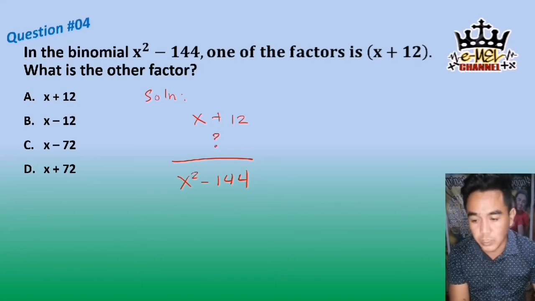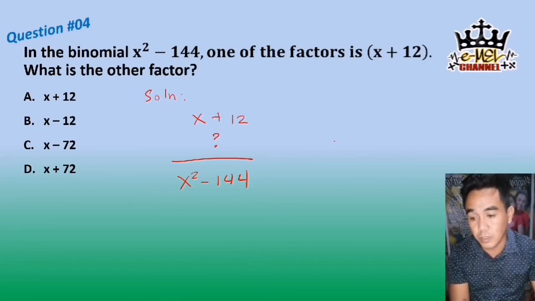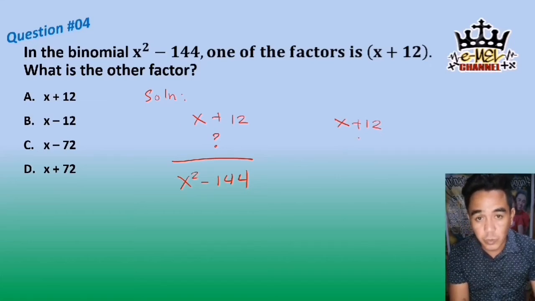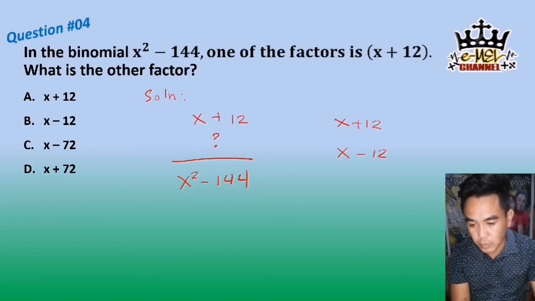So let us put it in this way. We're going to do the long way to multiply the polynomials. So let us put it here, x plus 12. Multiply to, let's say, since this is negative, any number that we multiply to a positive becomes negative. So let us use negative 12.